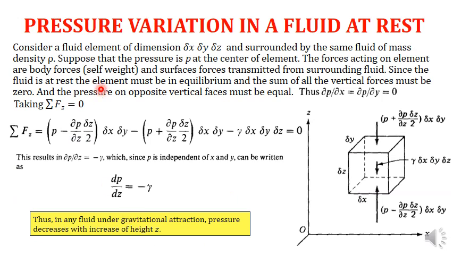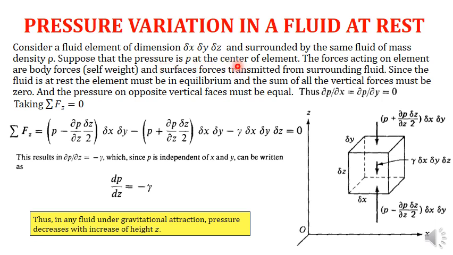Now the next topic is the pressure variation in a fluid at rest. In this case, you need to consider a fluid element of dimensions delta x, delta y, and delta z, a cube element, surrounded by the same fluid of density rho. Suppose that the pressure is P at the center of the element.